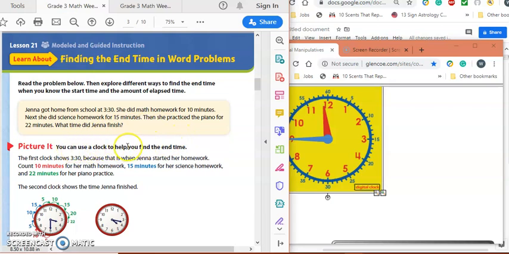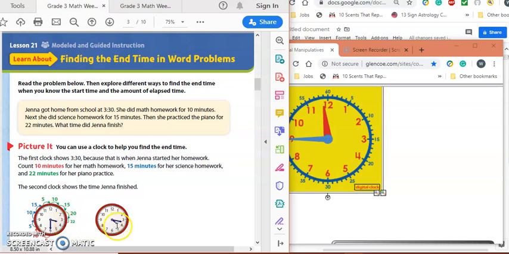Well, we can use a clock to help us find the end time. The first clock below shows 3:30 because that's when Jenna started her homework. So we're going to count 10 minutes, 5:10 for her math, and then 15 minutes for her science homework. 5, 10, 15, and then 22 minutes for her piano practice. 5, 10, 15, 20, 21, 22.